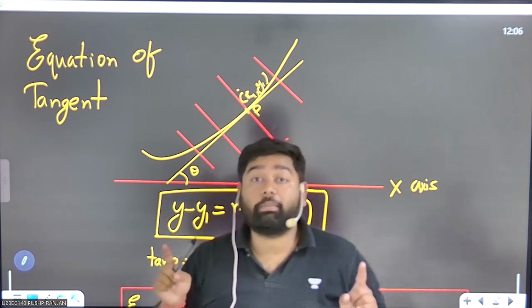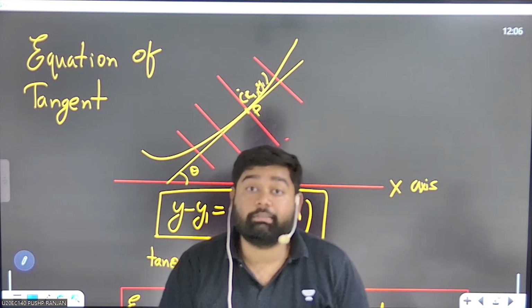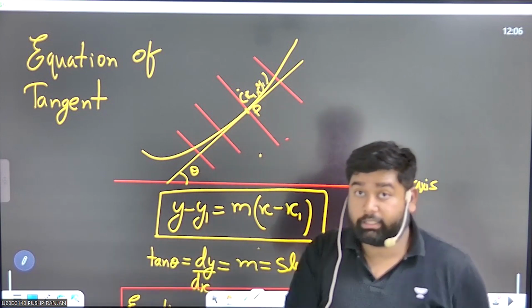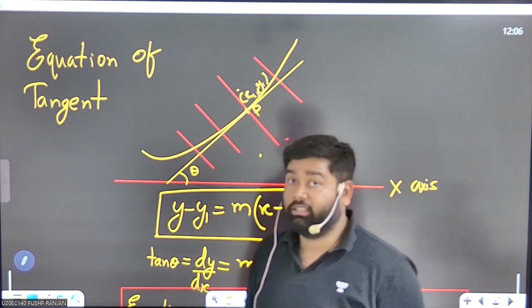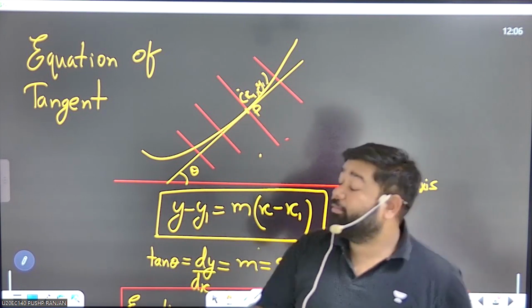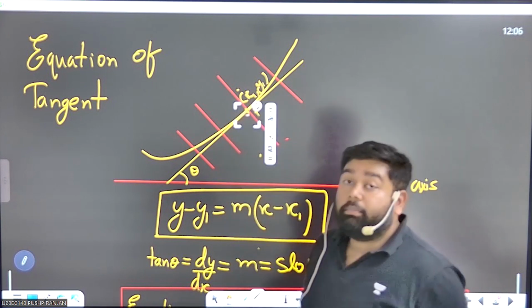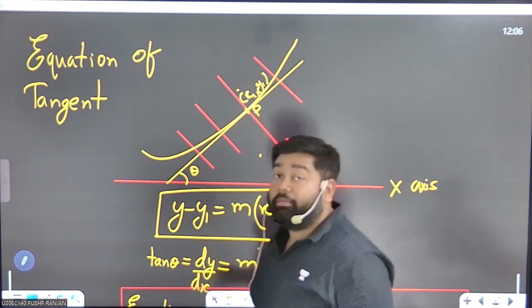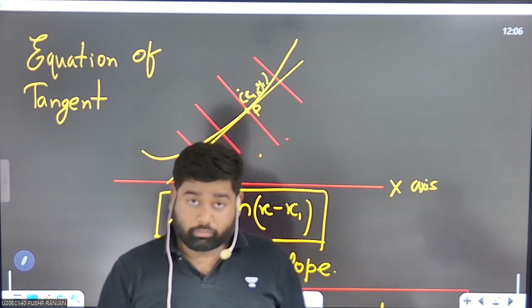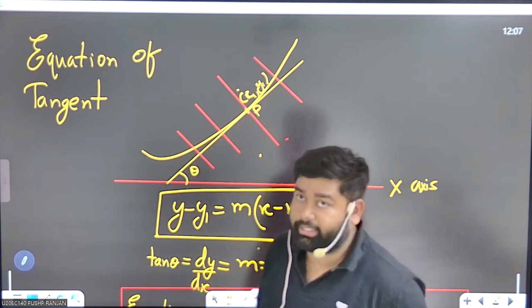The definition of the normal says the line which is perpendicular to the tangent, but at a point of contact on the curve, the point on which we have drawn the tangent, that is called the point of contact.